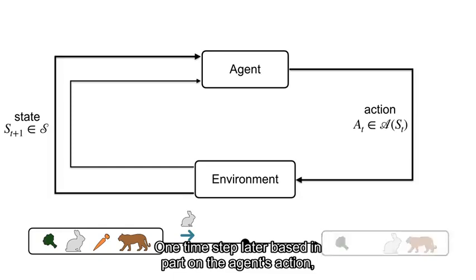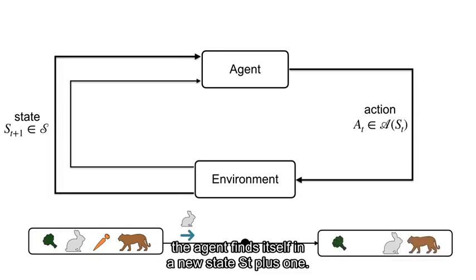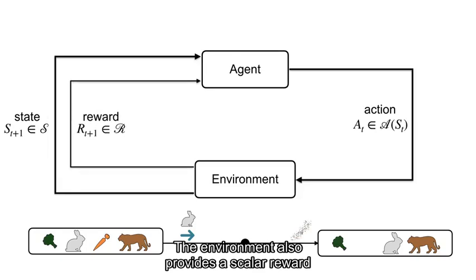One time step later, based in part on the agent's action, the agent finds itself in a new state S_T+1. For example, this state where the rabbit is next to the tiger. The environment also provides a scalar reward, R_T+1, drawn from a set of possible rewards, script R. In this case, the reward is plus 10 for eating the carrot.